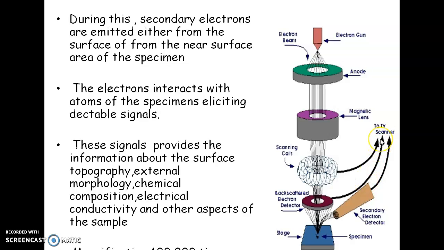These signals will be fed into either a computer or a TV scanner. The signal will provide information about the surface topography or external morphology, chemical composition, electrical conductivity and other aspects of that sample. As for the magnification of the SEM, it generally gives 1 lakh times magnification compared to the usual object that we view under a light microscope.